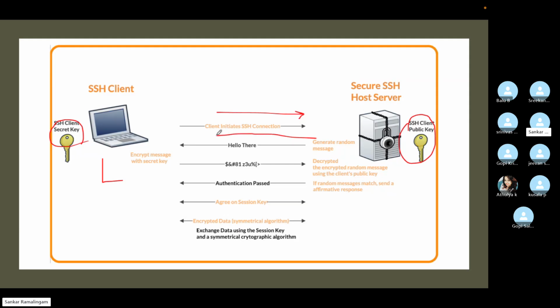Your local machine, which has the private key, will encrypt the message and send it across to the same public key. And if it is able to decrypt that information, then the authentication is successful. Then only they agree on the session key, and then the authentication goes further.